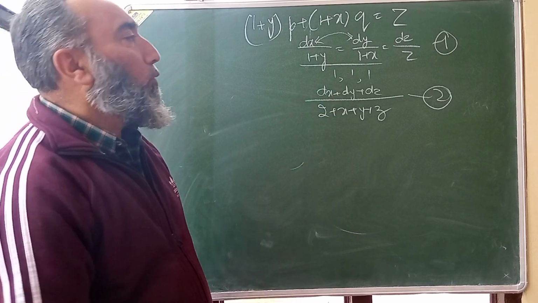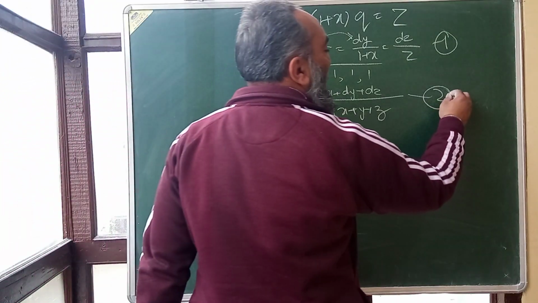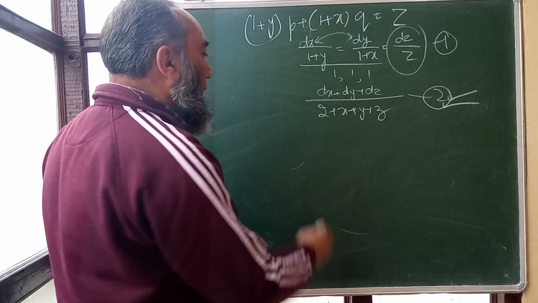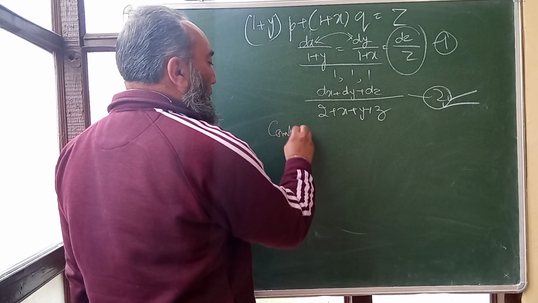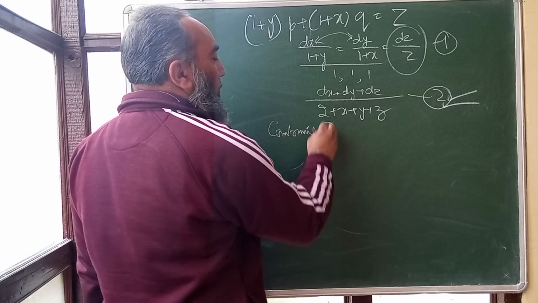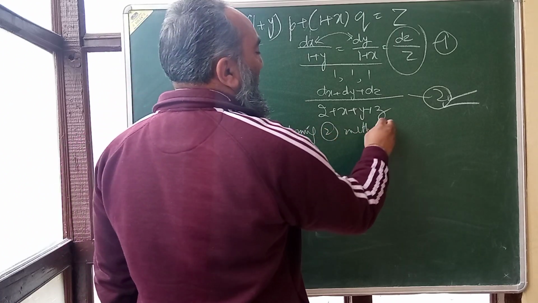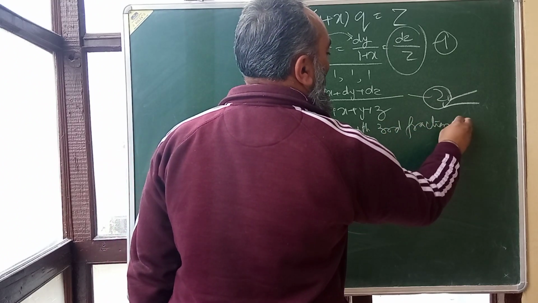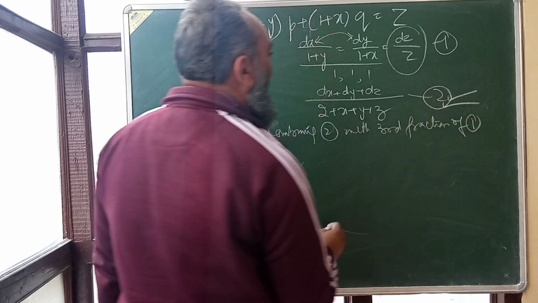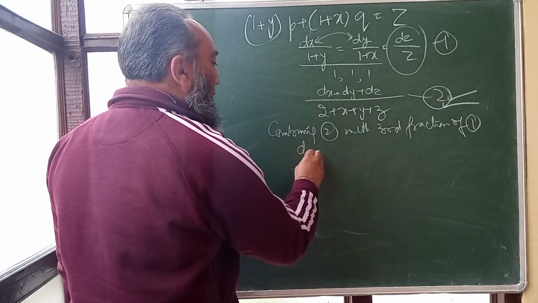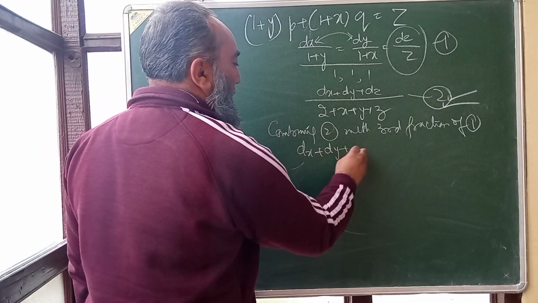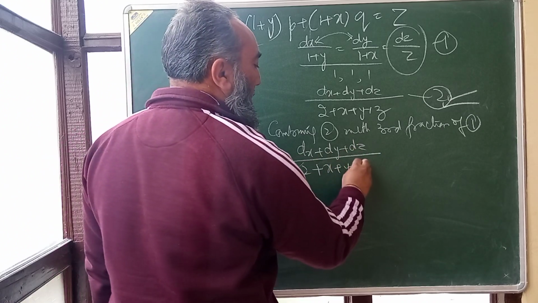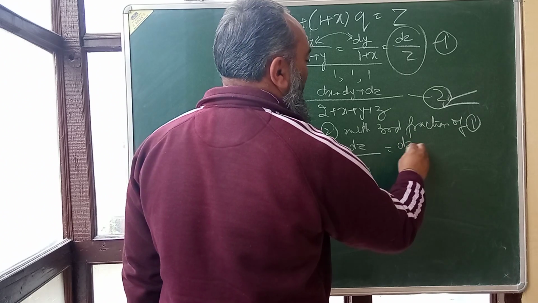So method 4 is that you can combine 2 with a suitable fraction of 1. Combining 2 with the third fraction of 1, we will have dx plus dy plus dz upon 2 plus x plus y plus z equals dz upon z.